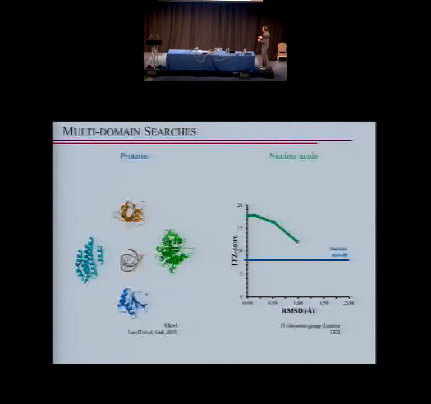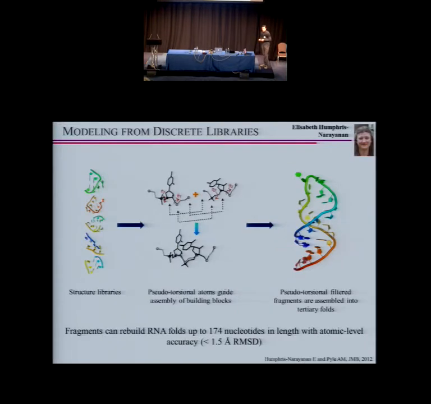Now, this result is particularly significant in light of what another colleague of mine in the lab is doing. Elizabeth is trying to design de novo, or ab initio, structures of small RNA fragments. Her approach is that she starts from structure libraries obtained from the available nucleic acid structures to date. From those, she defines pseudotorsional atoms and libraries of pseudotorsional atoms to guide the assembly of the nucleic acid building blocks.